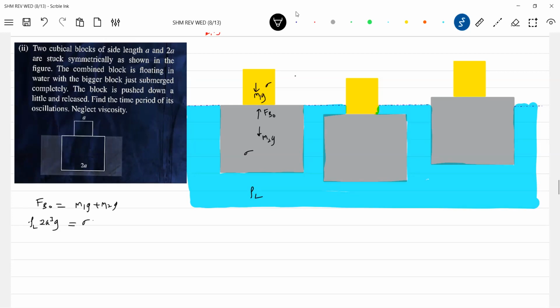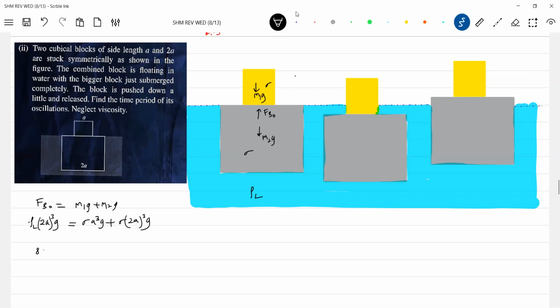M1 will be sigma A cube G, sigma 2A whole cube. Volume immersed.